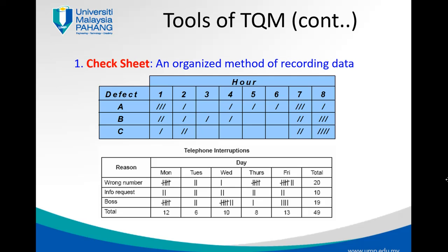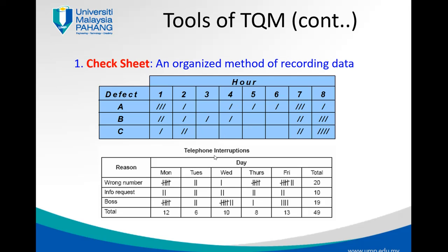So I believe that you're familiar with this type of tool. This tool is used for counting purposes. So for defects, for example here, for the first hour we have 3 defects, 2 defects, and so on.